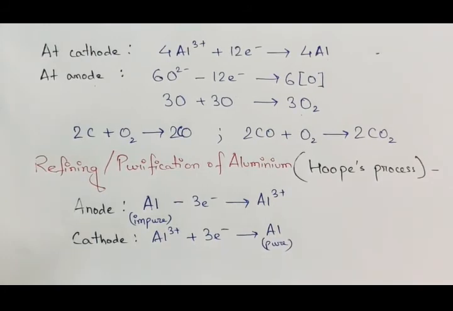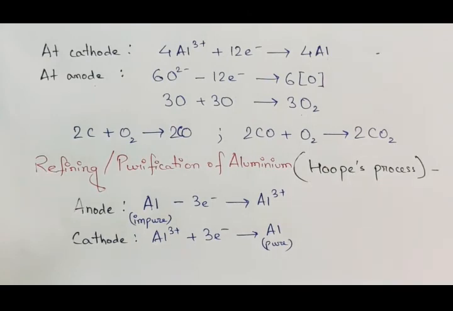Clear? In this way, from the bottom layer to the middle layer the aluminium ions move, and from the middle layer the pure metallic aluminium shifts towards the top layer, and at the top layer, that means at the cathode, we get the pure metallic aluminium. In this way the refining of aluminium is done using the Hoope's process.